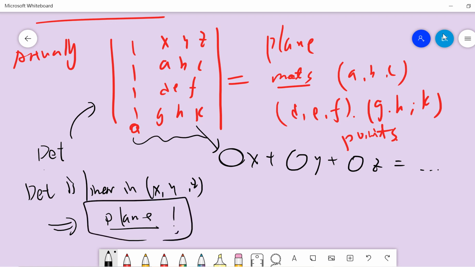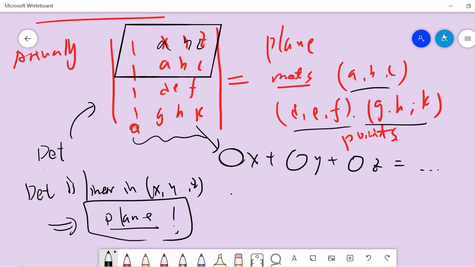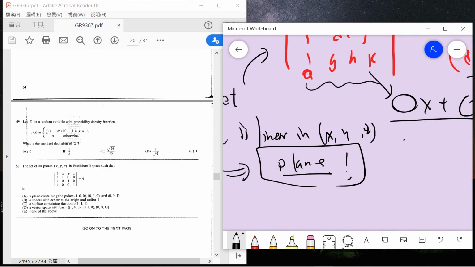And how do we know it must meet A B C, D E F, and G H K? The reason is that when you change x, y, z to A, B, C, there are two rows in the determinant which are exactly the same, so the determinant is 0. The same holds for D, E, F, and G, H, K. Since you already know this is a plane, and it gives you 3 points, the answer must be the plane that meets these 3 points. So this is the quick answer for this one. So the answer is A.